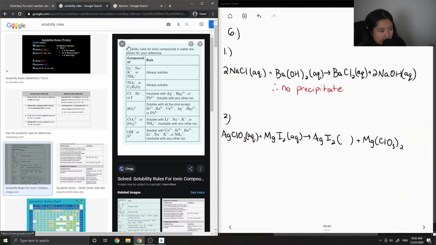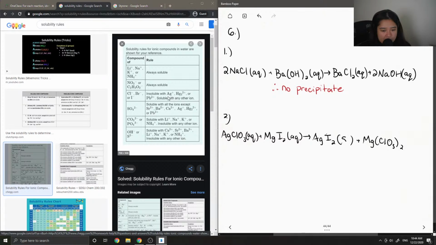Okay, so in the case of the silver, if we go back to that same rule where compounds containing iodine are soluble, except when they are paired with silver, mercury, or lead, then we can say that this precipitates.